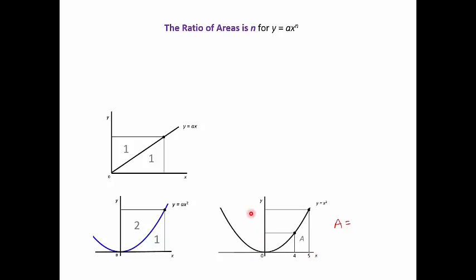The big rectangle is simply 5 times 5 squared, because this is 5 squared here, since y equals x squared, and the area of this rectangle is 4 times 4 squared. And so what we end up with is the difference of cubes.